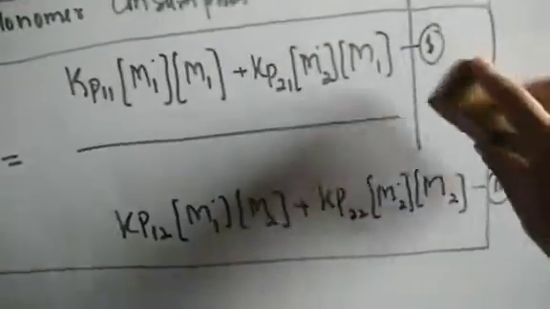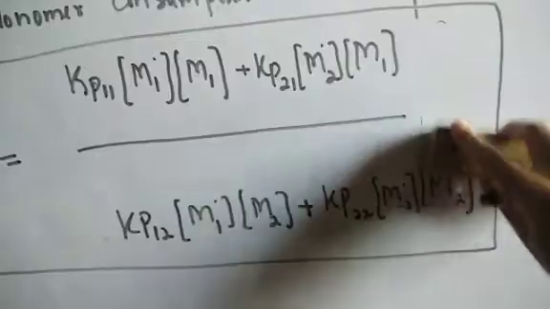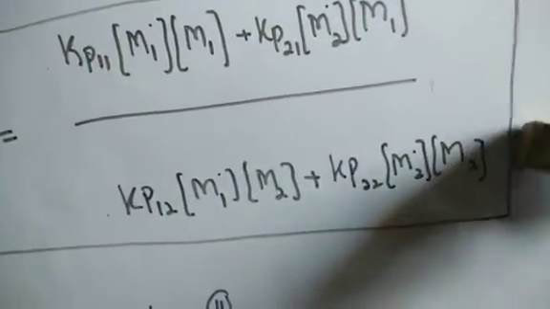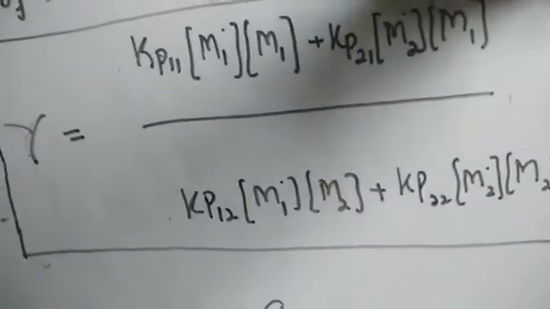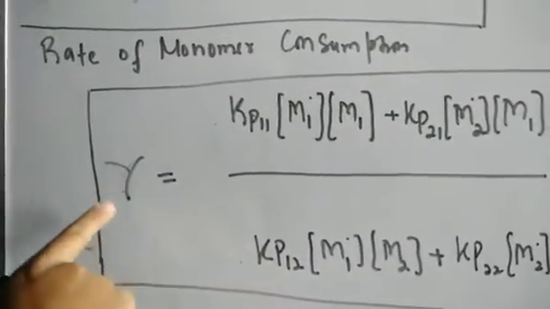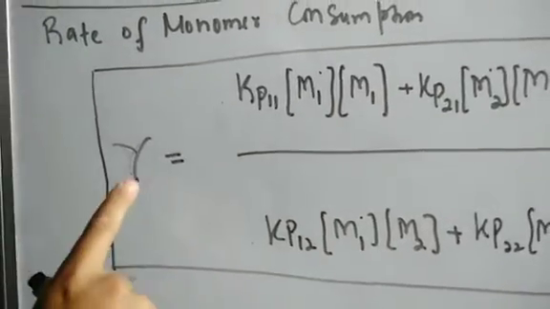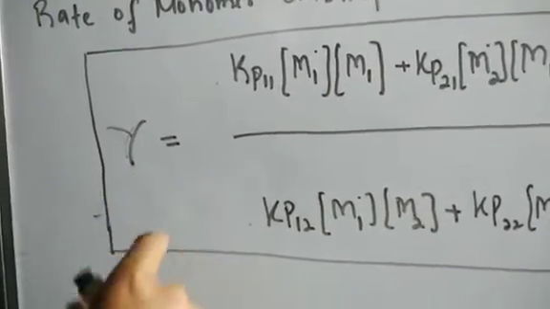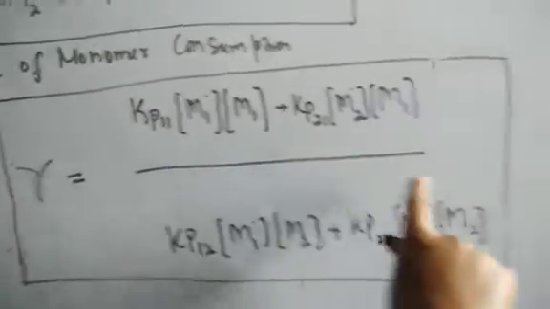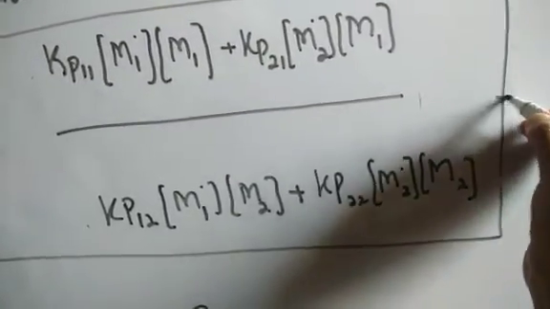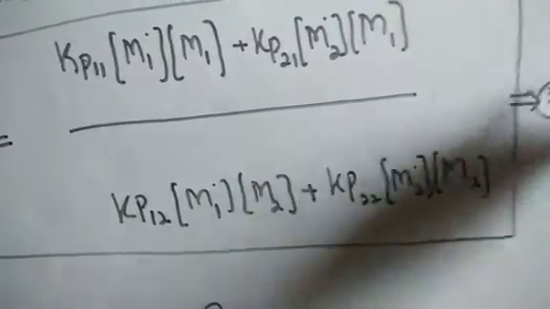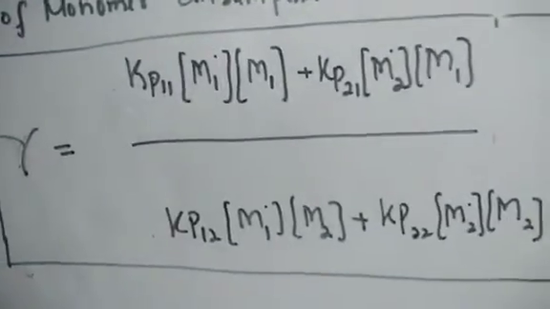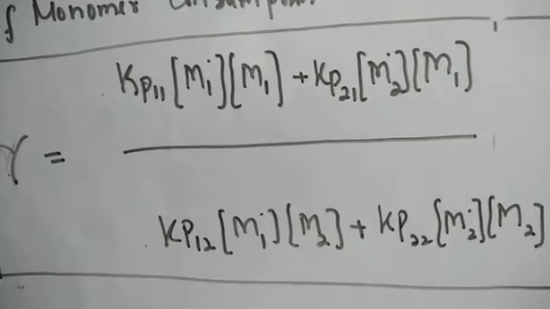This will be used for calculating the reactivity and others. So the ratio of the number of monomers of A and B in a particular copolymer chain is given by this one. We label this as 3.